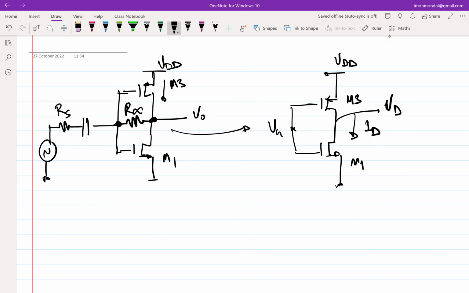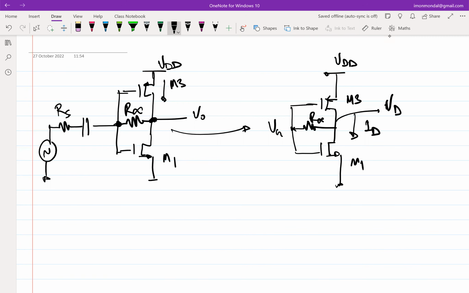So you need not remove the R infinity. You can keep the R infinity here as well. I just removed it to show you that keeping that R infinity, or shorting it, will not affect your DC quiescent point operation. It will definitely affect the AC picture. But as far as DC is concerned, it doesn't affect because no current is flowing through R infinity, and you have both VG and VD at identical voltages, right?